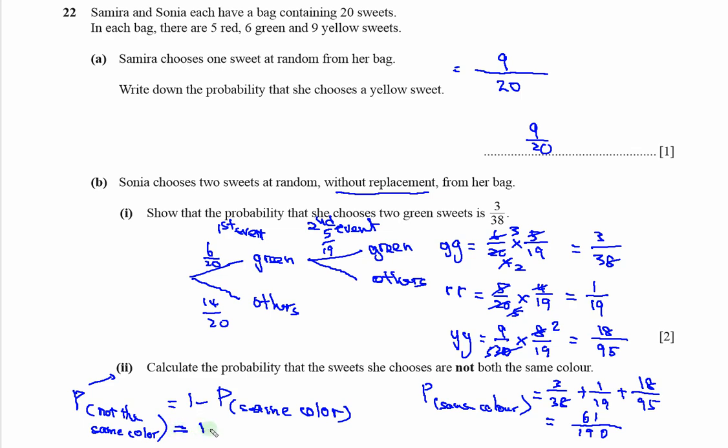So 1 minus 61 over 190 will give you 129 over 190. Okay, that's the answer. That's it. We have completed the whole paper.